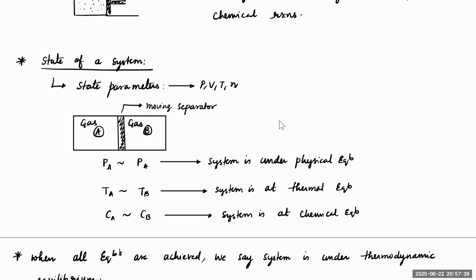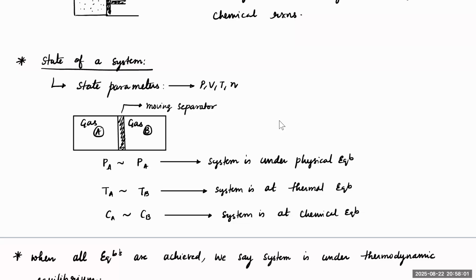Okay. If there is a continuous variation of pressure, I can't figure out what is the average pressure at a particular point of time. Therefore, that system has to reach some kind of equilibrium to measure these parameters: pressure, volume, temperature, number of moles.